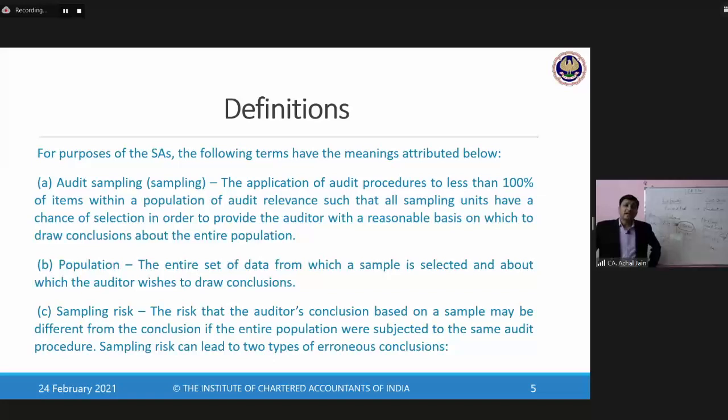Okay. Now, what is this population? Population means the entire set of data which is received, on which audit procedures are required to be performed. So let's understand this with the help of one example about this sample and the population first of all, and then we'll move further to understand some more terms.